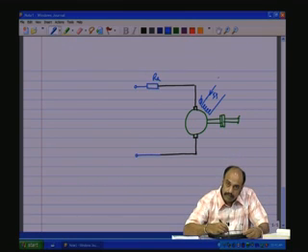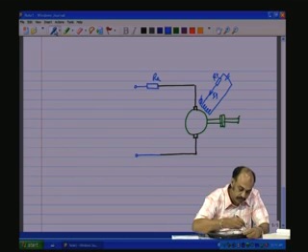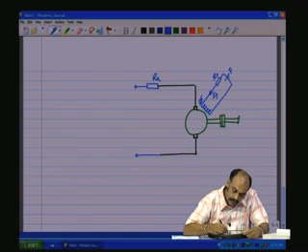Now, this can be coming from some other source. So, there could be a resistance here and probably a battery connected here. So, this could be the field resistance RF, and this is EF. We have been using E everywhere, so we will use EF.